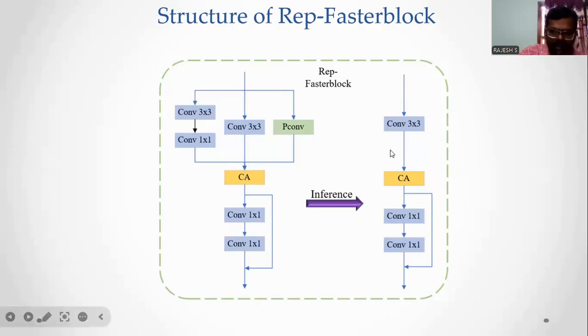It has a 3x3 convolution block, one CA attention module, and two 1x1 convolution blocks. In simple words, the big and complex training block is collapsed into a smaller block that works faster.